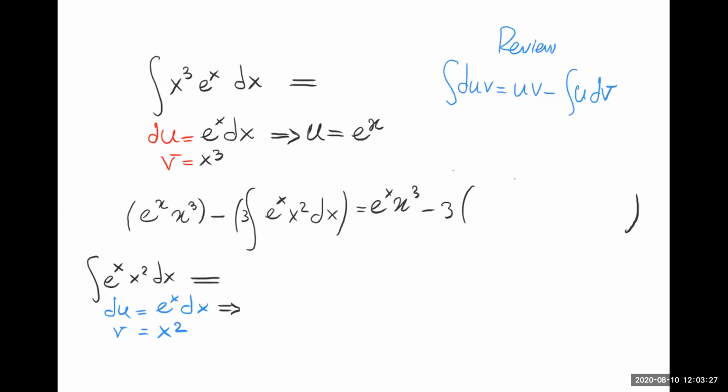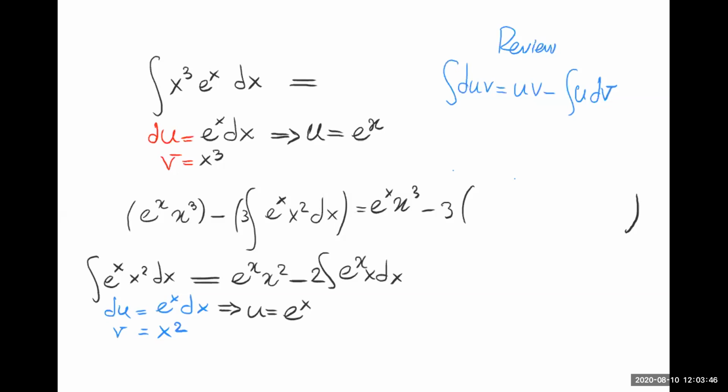And again, like the previous case, if du is e to the x dx, u itself is e to the x. So this is going to be equal to uv, which is e to the x x squared, minus the integral of u dv, which is 2x dx.